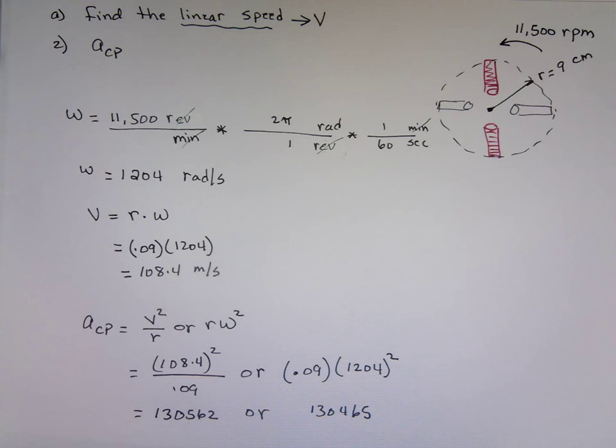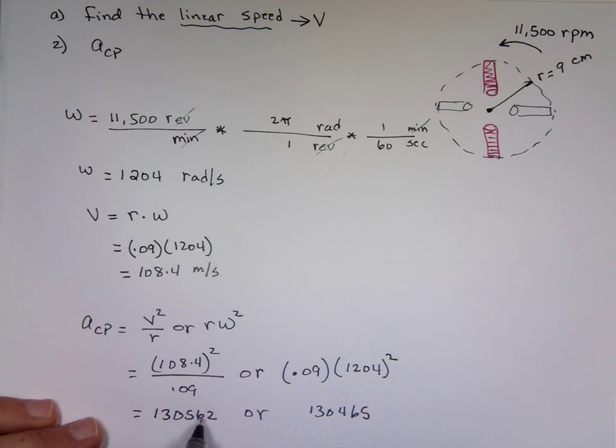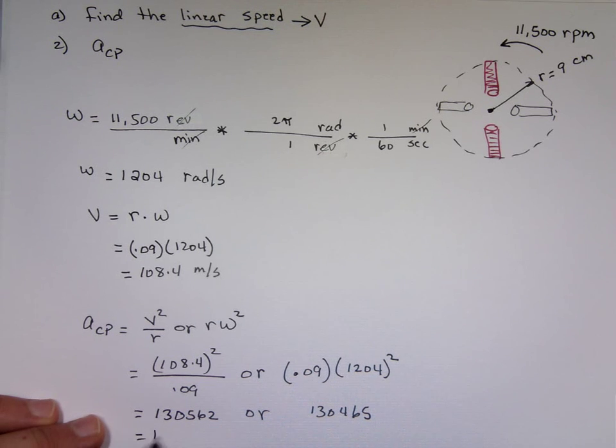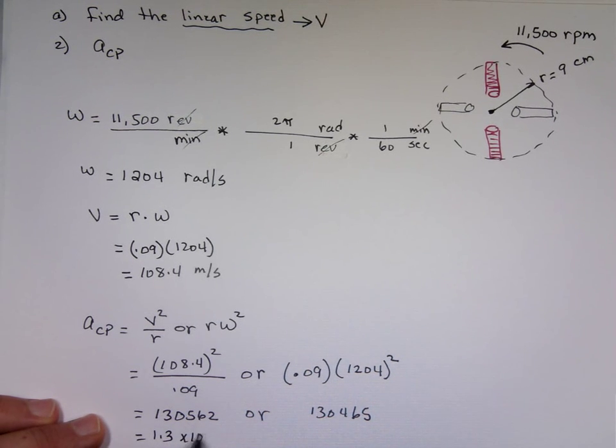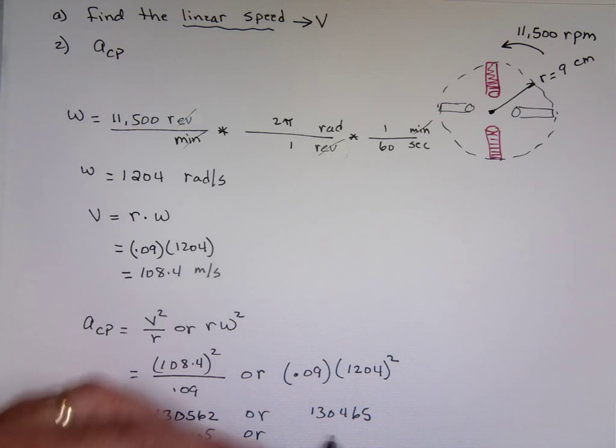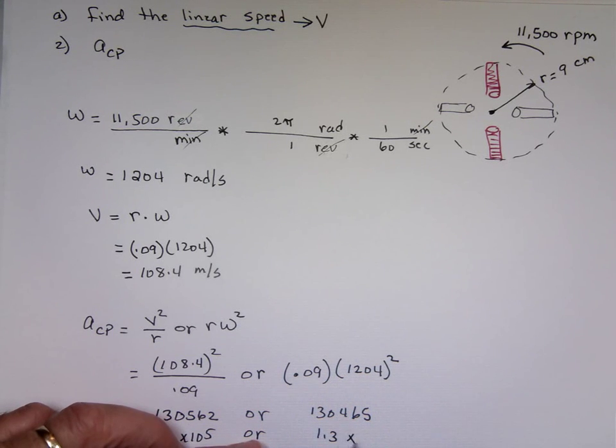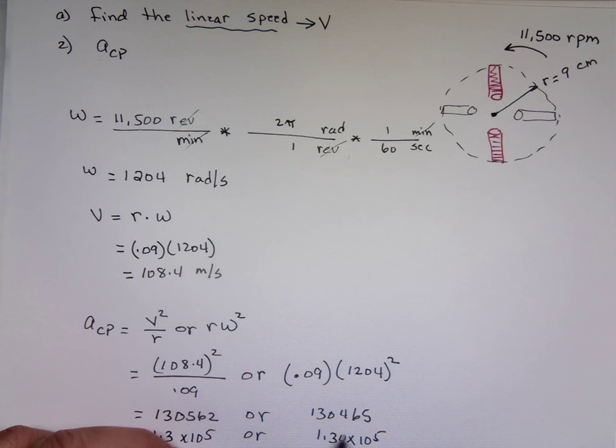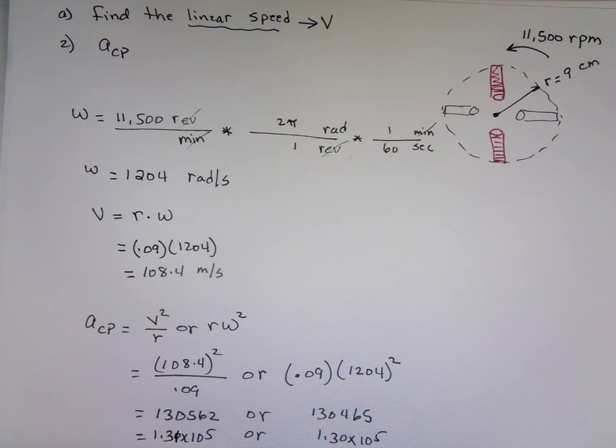But if I carried all my digits, or if I use two significant digits, I'll be okay, because that's 1.3 times 10 to the fifth. Even if I use three significant digits, I'll be a 1 here. But again, they're just rounding errors. Either equation should give you the same answer.